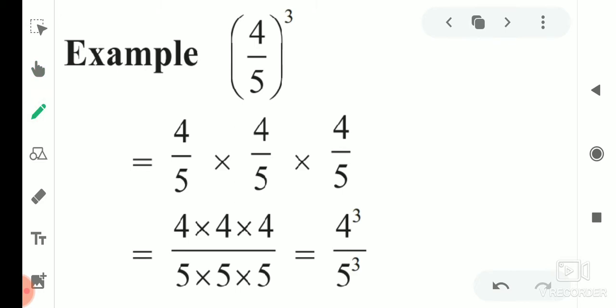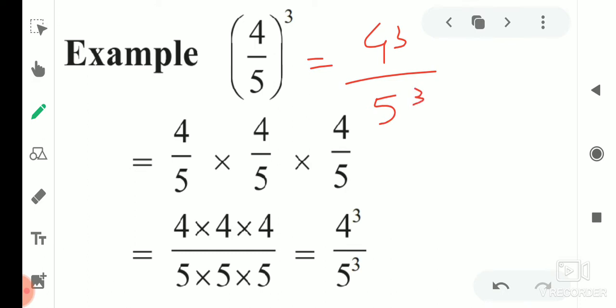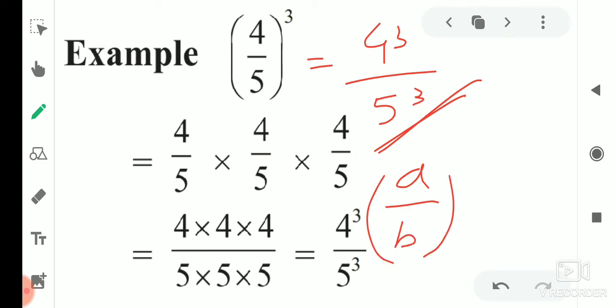So 4 by 5 raised to power 3 gives 4 raised to the power 3 divided by 5 raised to power 3. It means we get the formula for the division of two numbers: a upon b raised to the power m gives a raised to power m divided by b raised to the power m.